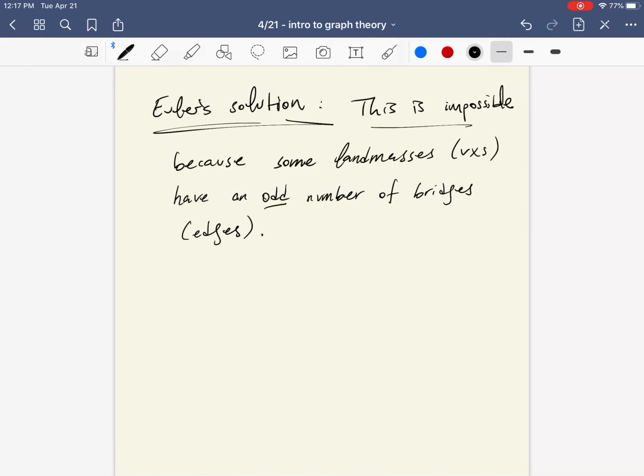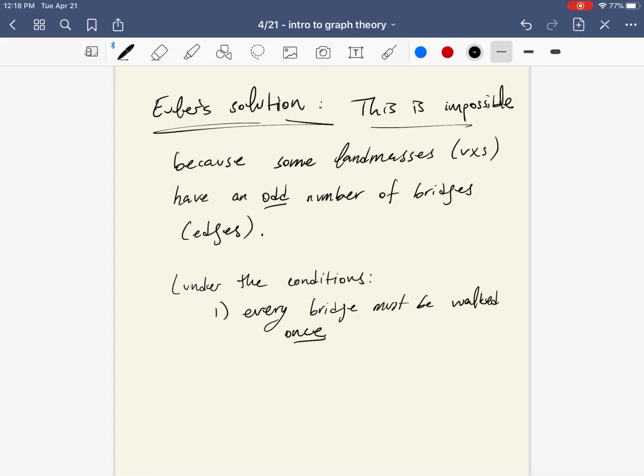This is impossible under conditions: one, every edge, or every bridge, must be walked once.